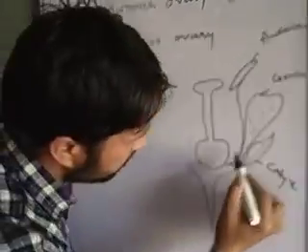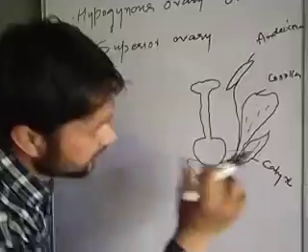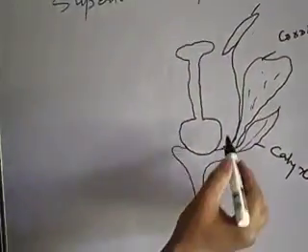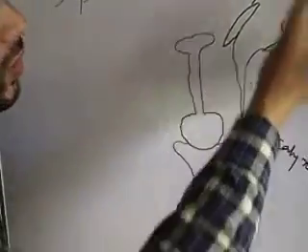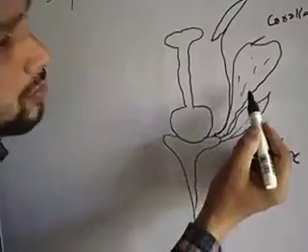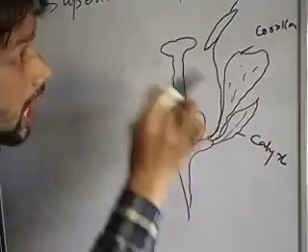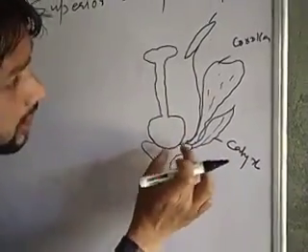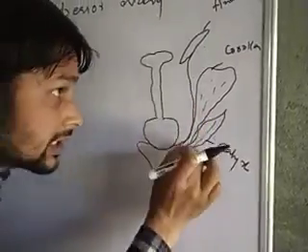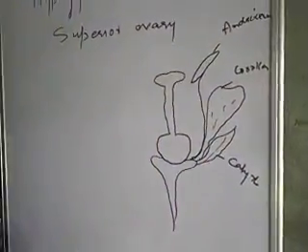Look here, please. All the floral appendages like calyx, corolla, and androecium are arising from the base of the ovary. So here hypogynous means from the base of the ovary, and the ovary is above these floral appendages. That's why it's called superior ovary.